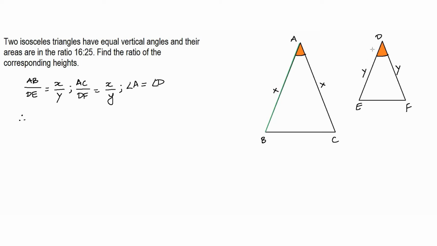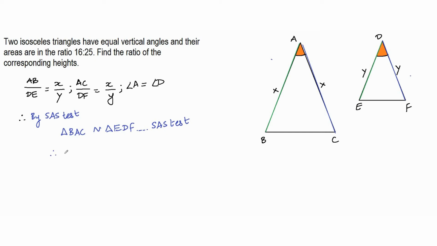So I have AB upon DE is equal to AC upon DF, and the vertex angle is also equal. Therefore, by the SAS test, I can say triangle BAC is similar to triangle EDF, and this is by the SAS test.